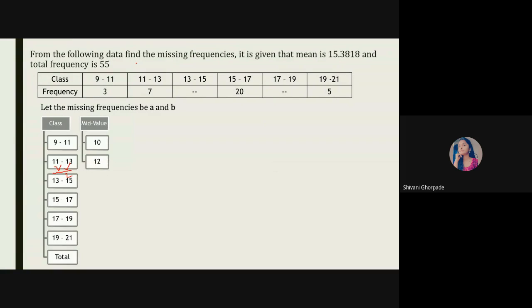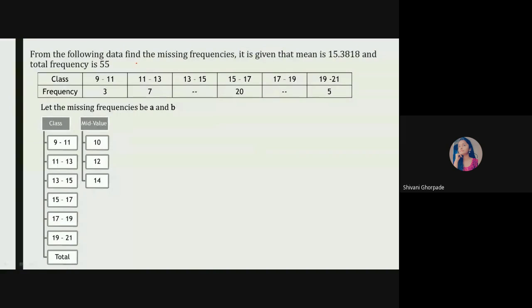The next one: 14. 13.5 आलं स्नेहल, 14 आलं. 13.5 का हा स्नेहल? 13.5 कसं काय आलं? Right, it's 14. मी म्हणजे 13 plus 15 divided by 2, so it's 14.